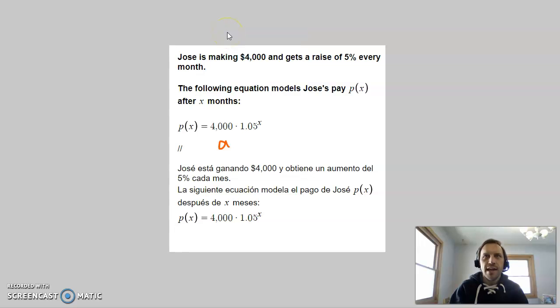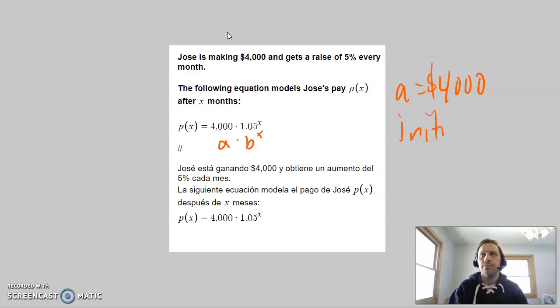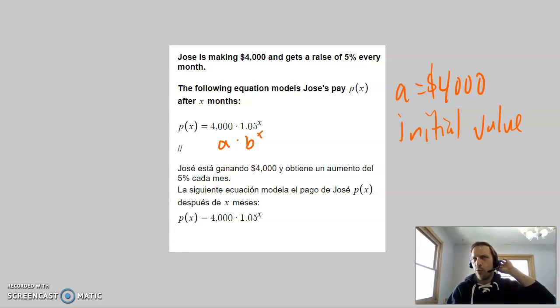Well, if this is A and this is B, A is $4,000, right? That's his initial value. Notice, same language we've used before. That's the initial value. $4,000 is how much he starts with. That 1.05 means he is increasing his rate by 0.05, right?